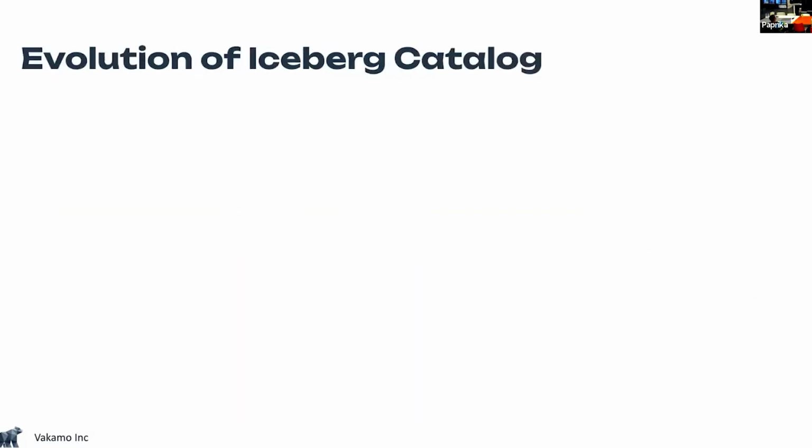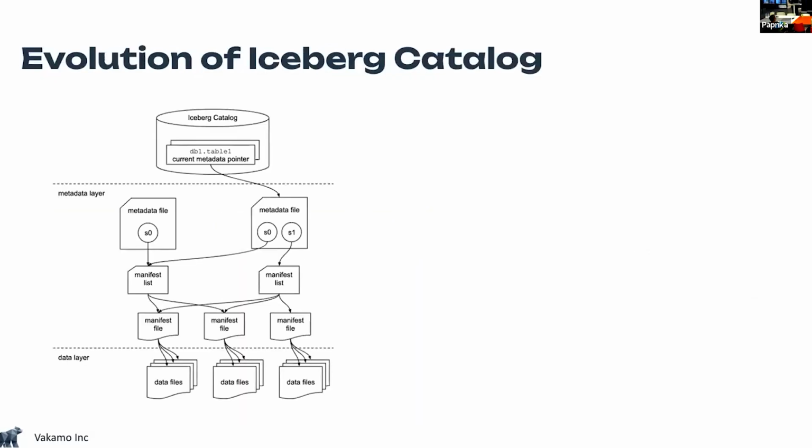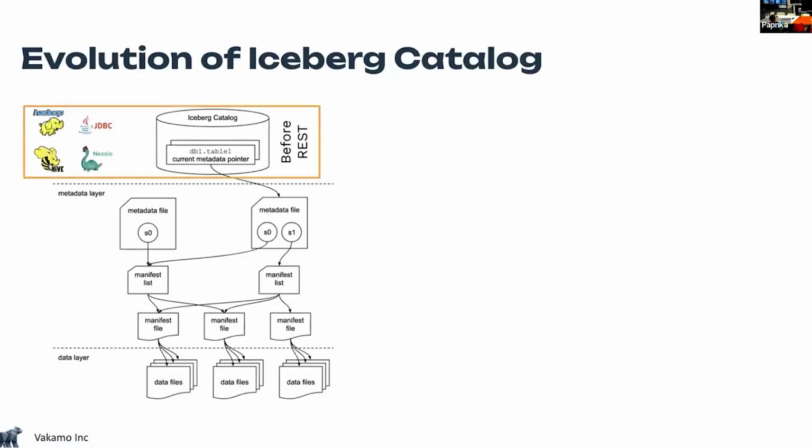So what is the evolution of a REST catalog? Well, as Attila told us, that's the main picture, right? So we need to show that picture. It's Iceberg. And I see that in 2 phases. So we had the before REST era, and we had all of that different catalogs out there. Hive, Hadoop, JDBC, Nessie. And it was quite fun because it was a huge innovation push, I would say.